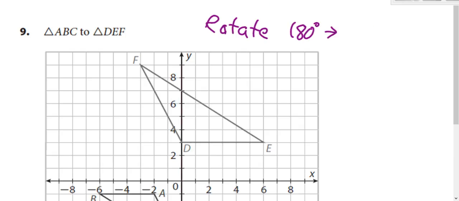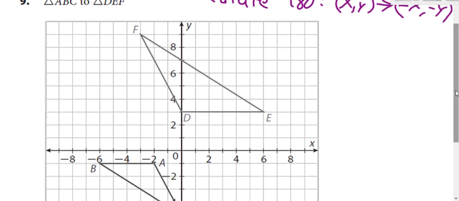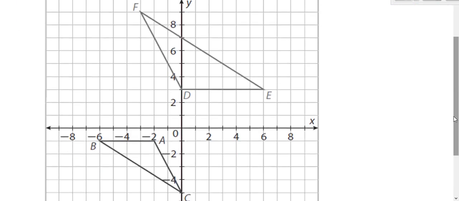So the rule for that is x, y goes to negative x, negative y. So here's our point, negative 2, negative 1. Turns to positive 2, positive 1.